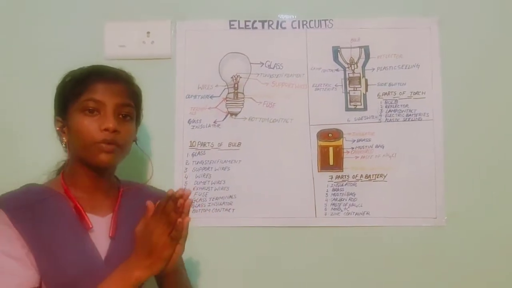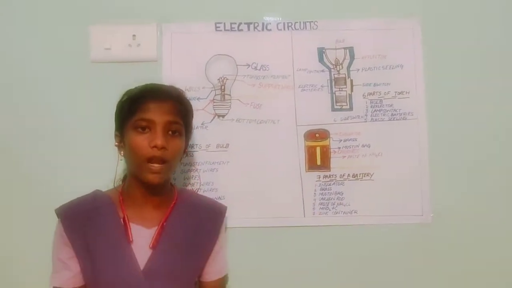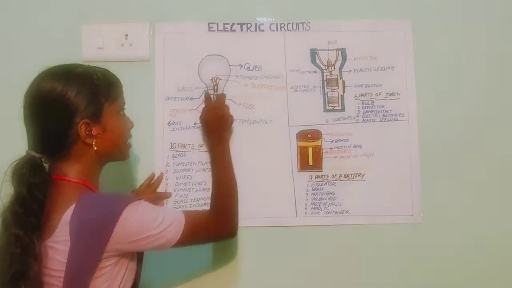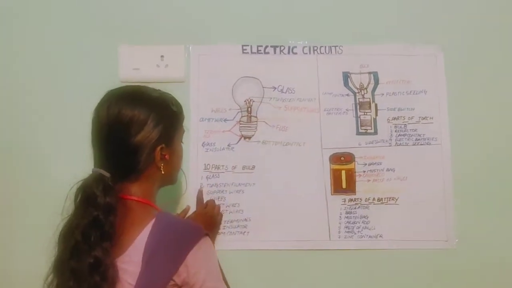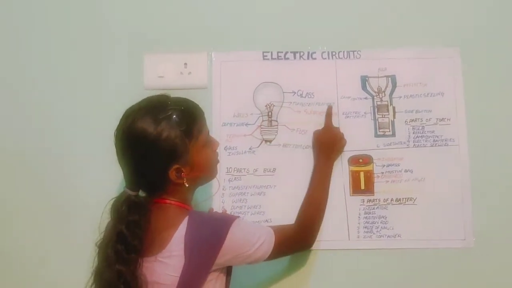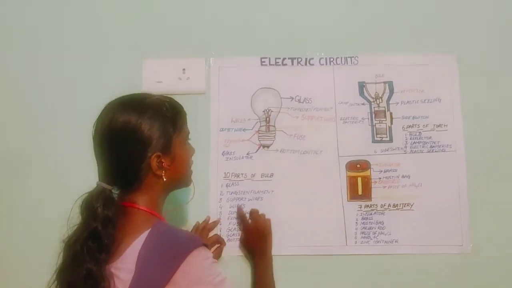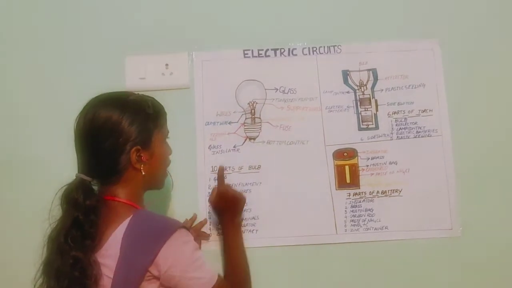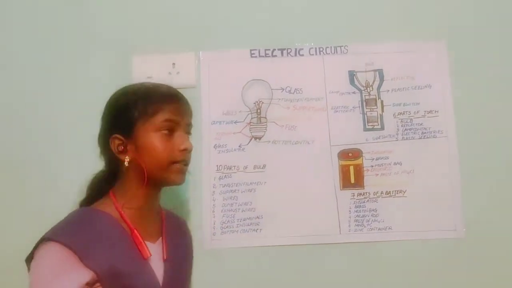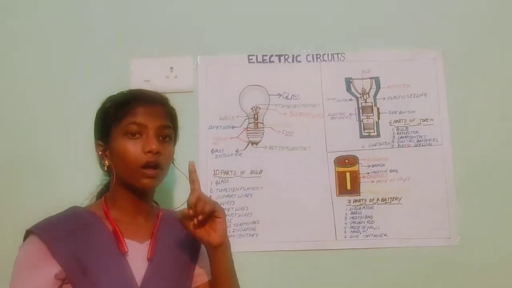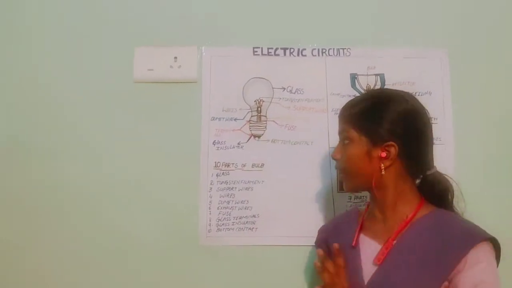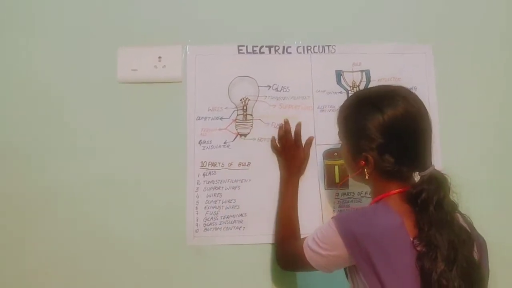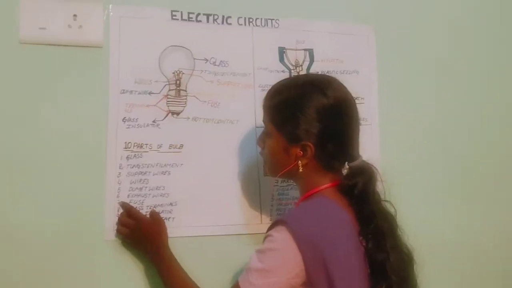Okay. Now we have to remember the 10 parts of the bulb. Remember them in mind. First one is glass. Second one is tungsten filament. Third one is support wires. Fourth one, support wires. Fifth one, dumet wires. Again remember that these both are the same. And exhaust wires. These are exhaust wires. And fuse.